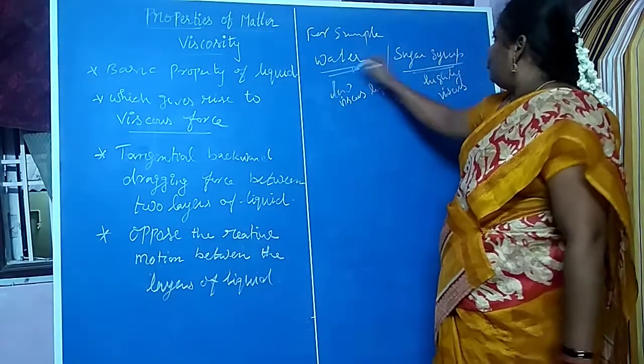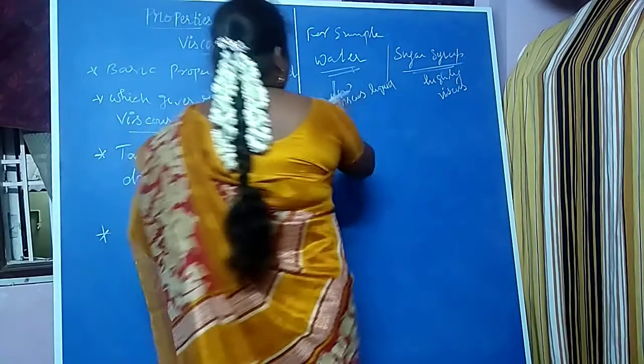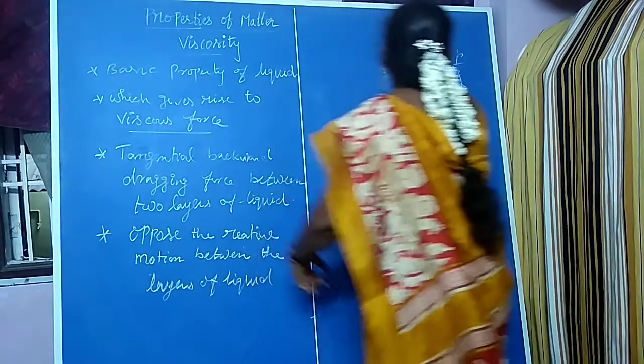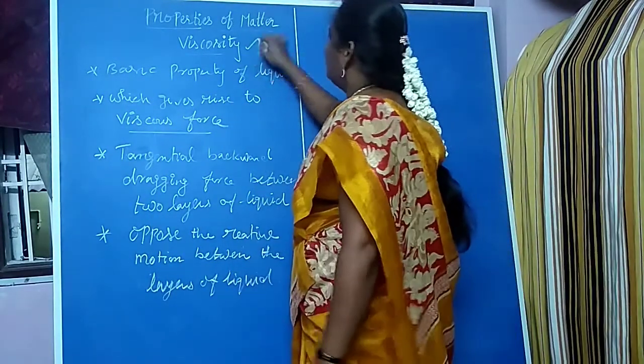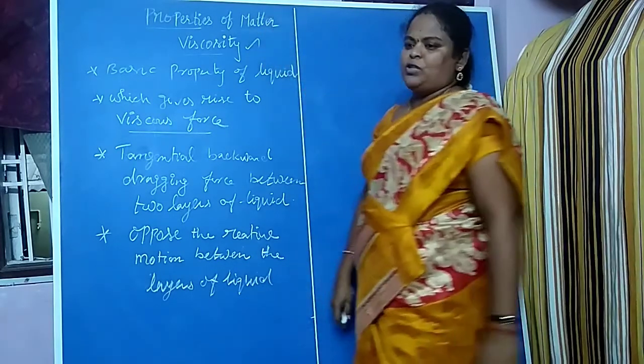Water will easily flow, but sugar syrup won't easily flow. This is about the viscosity of water and sugar syrup. Simply, we can say how the liquid is flowing, that property is called viscosity.